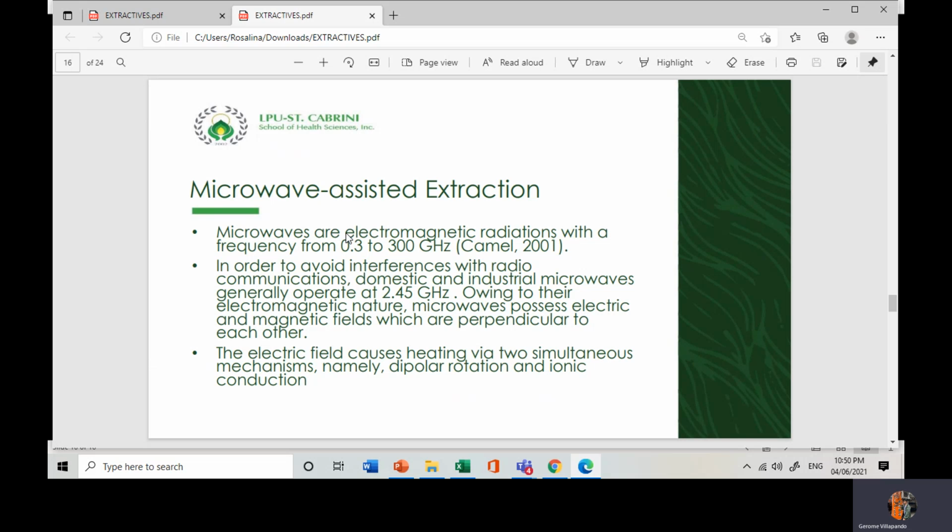Owing to their electromagnetic nature, microwaves possess electric and magnetic fields which are perpendicular to each other. The electric field causes heating via two simultaneous mechanisms, namely dipolar rotation and ionic conduction. Again, dipolar rotation and ionic conduction.